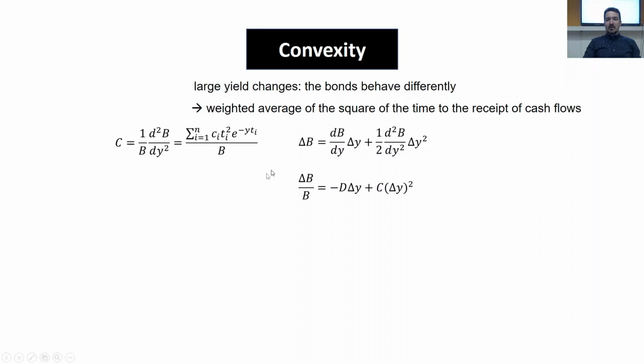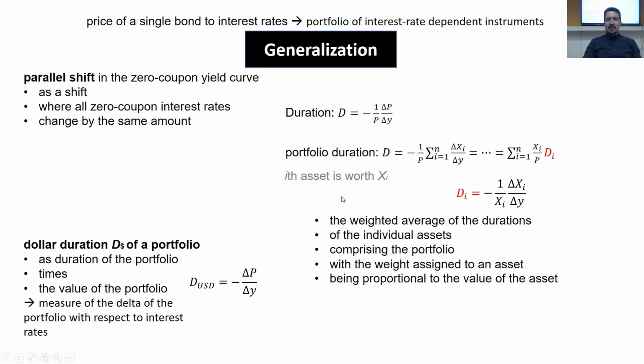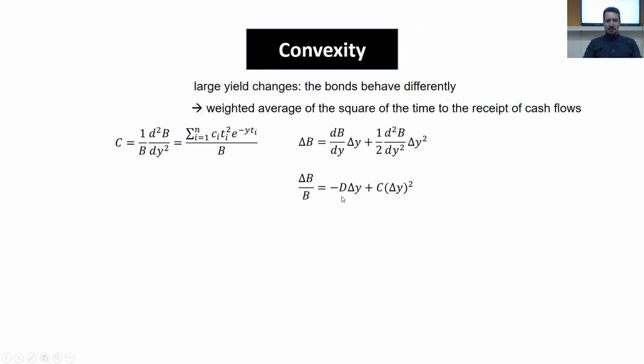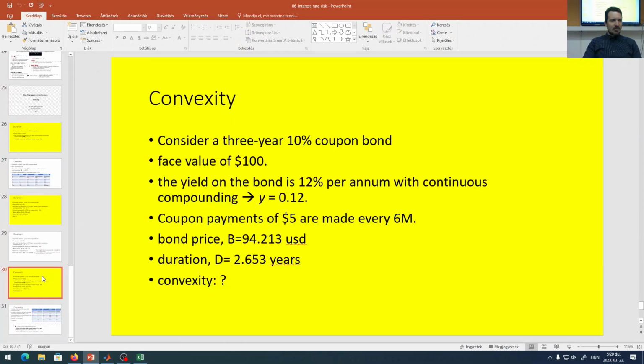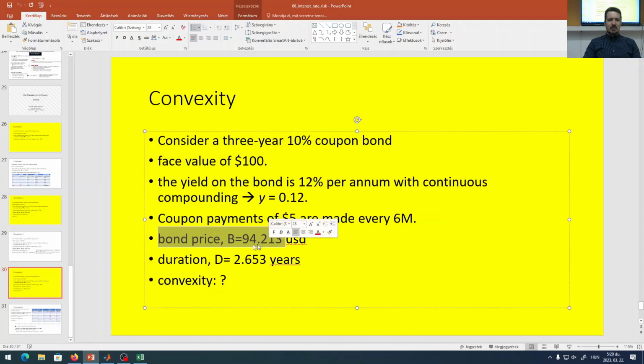structure here. So yeah, we have to estimate this one. And yeah, so this is what we should describe, which looks ugly. But I think that there was convexity here as well. So practically we know all the things here now. So we have the bond price, we have the duration, but what is the convexity?